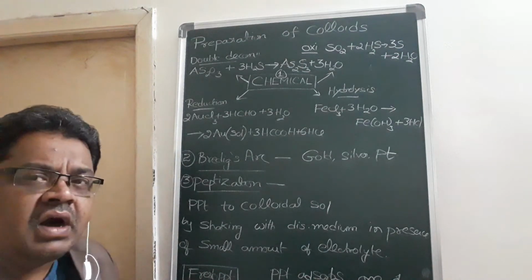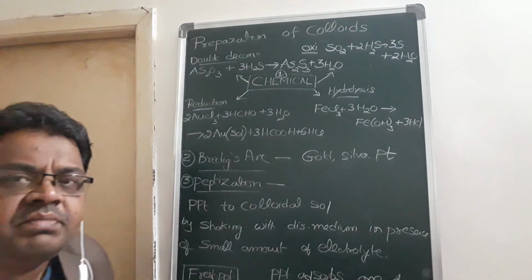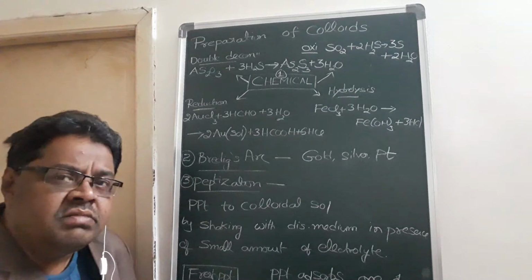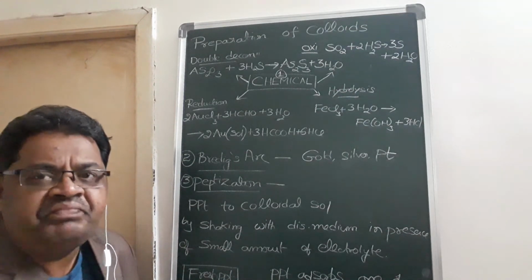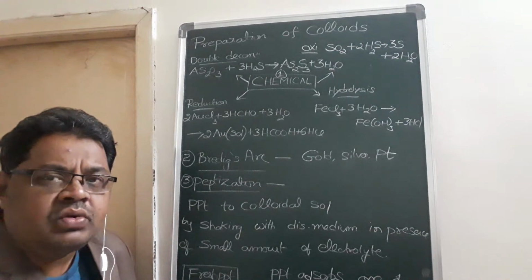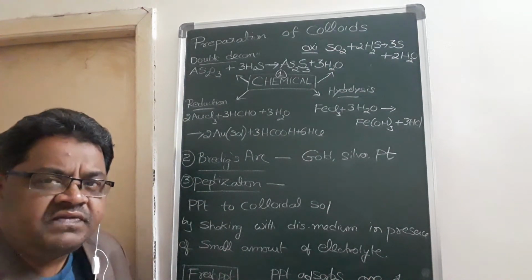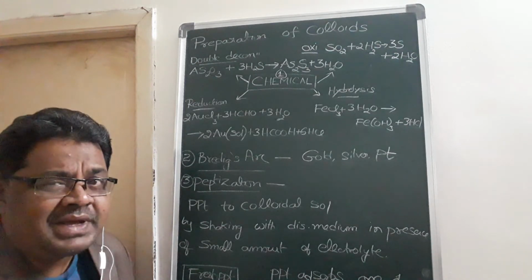And Bredig arc method, this is another method which is used for the preparation of colloids. You can take two electrodes in one vessel, and you have to generate a spark from electrical current. If that spark comes, the metal will come into the vapor state.